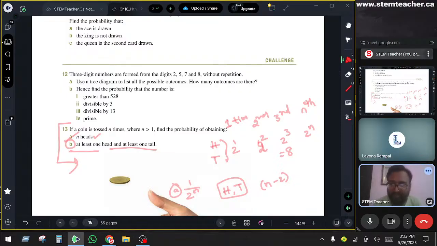What does it mean? There's one head, one tail, and anything else doesn't matter. Think, you need some creative idea.